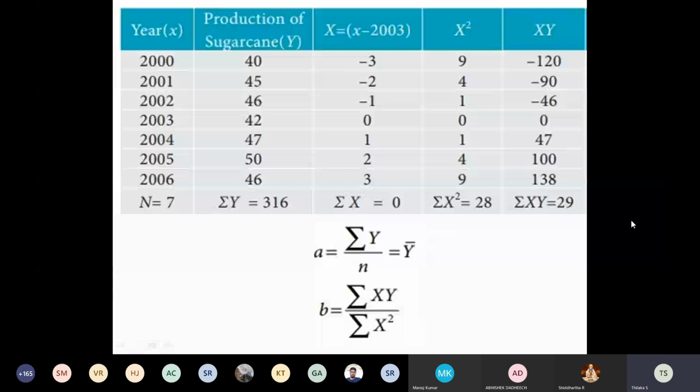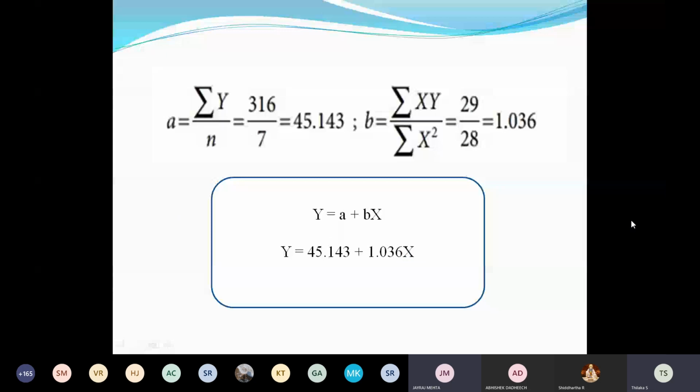Okay. So what's the value of the constant b? Sigma xy is equal to 29 and sigma x squared is equal to 28. So 29 by 28 gives 1.03. Okay. So the value of a is equal to 45.14 and the value of constant b is equal to 1.03.